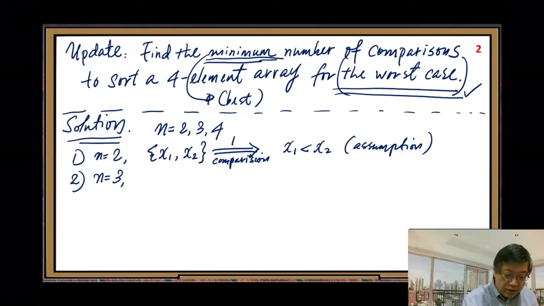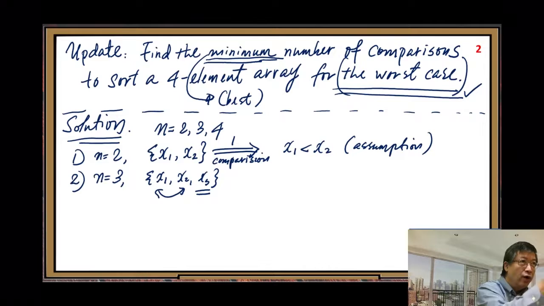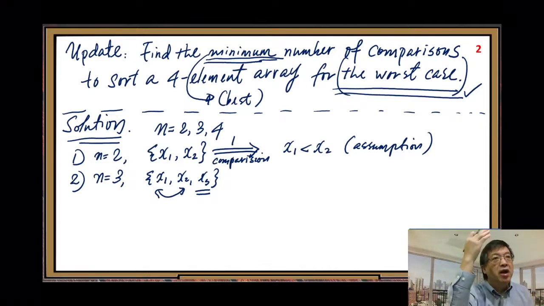The third element, x1, x2, x3, the third element newly added. So we work on the first 2 elements first, get it sorted with one comparison. Then we add a new element to the sorted array. How many more comparisons do we need?